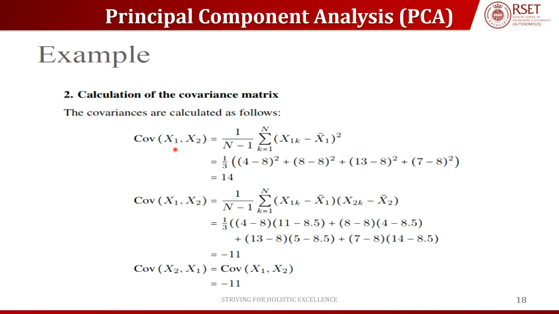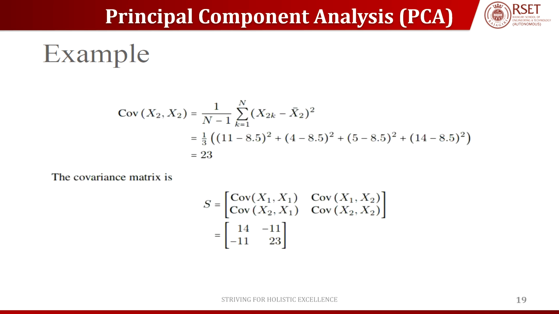So the variance of x1 is (x1, x1), and that gets us 14, and (x2, x2) is 23, and the covariance between x1 and x2 calculates to minus 11. Since the covariance matrix is symmetric, the covariance of x2, x1 will also be minus 11. So after calculating all these values, we get the covariance matrix like this: S is 14, minus 11, minus 11 and 23.